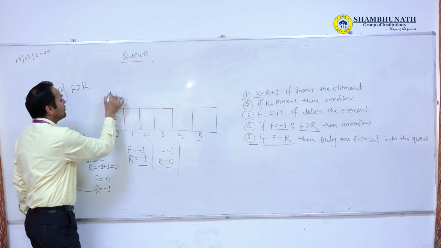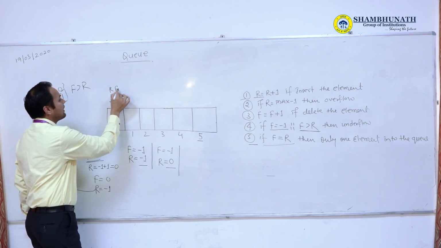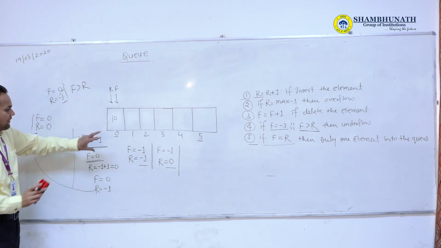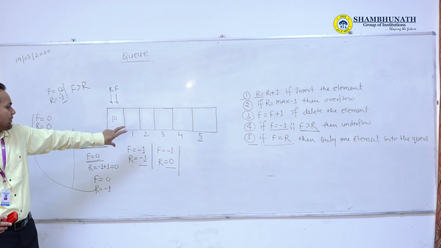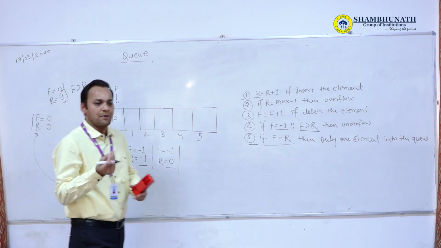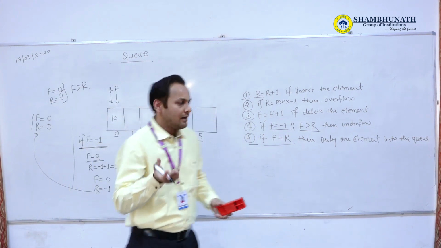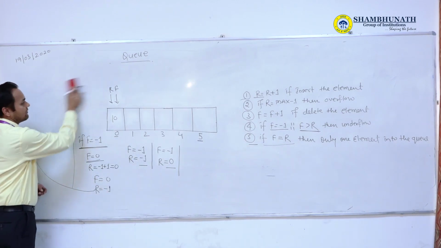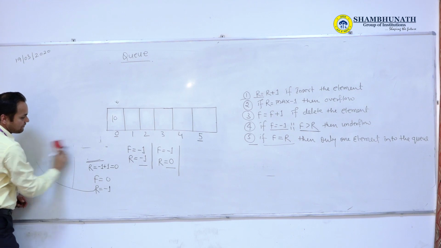Front is 0 and rear is 0. Okay. Very simple and very basic concept of the queue. There are some conditions I will discuss here in front of you. Okay, any question? Then ask me.